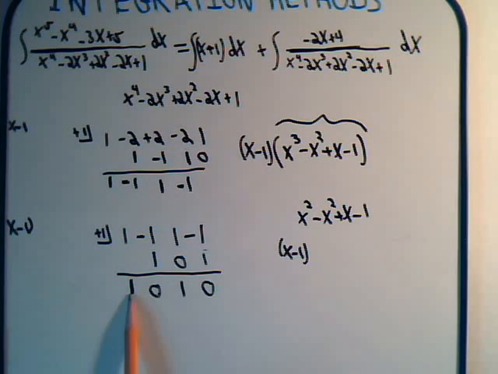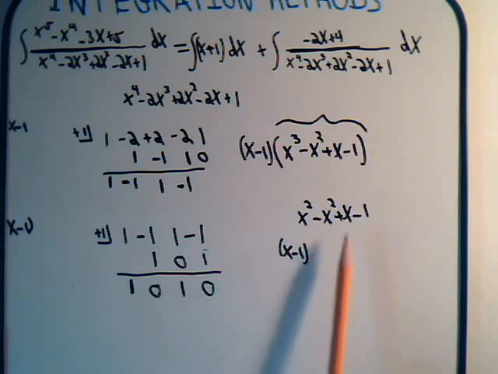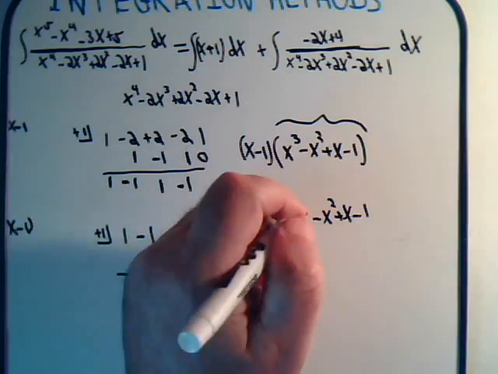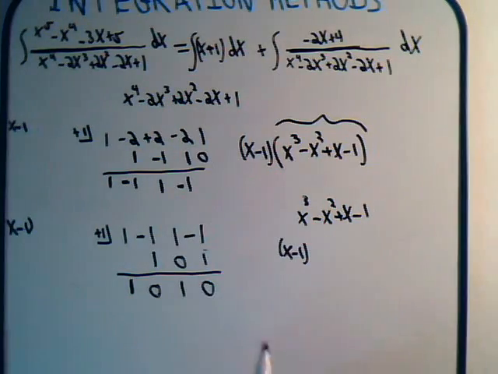So we have x squared minus 0 times x, and the new constant is 1. So x cubed minus x squared plus x minus 1 is equal to x minus 1 times x squared plus 1.